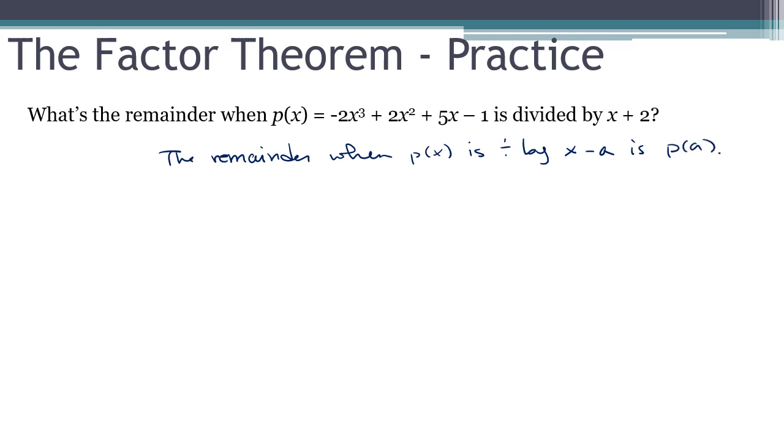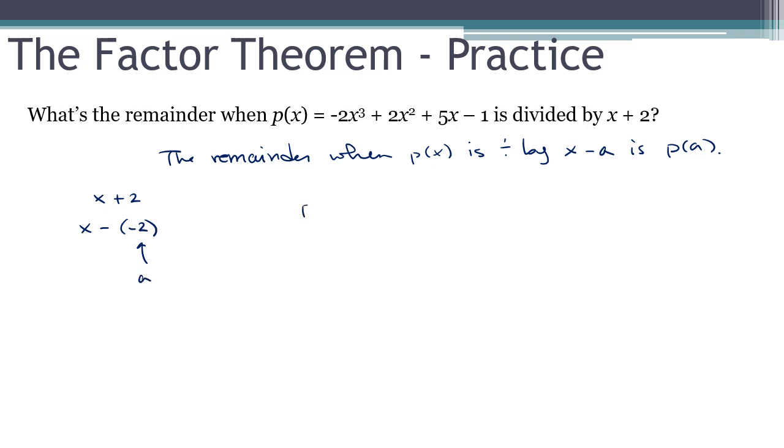Now, I don't have x minus here in my example. I have x plus, and I got to make that look like x minus something, and that something is the number I'm going to put into the polynomial. Well, x minus negative 2 is x plus 2, so this is my a.